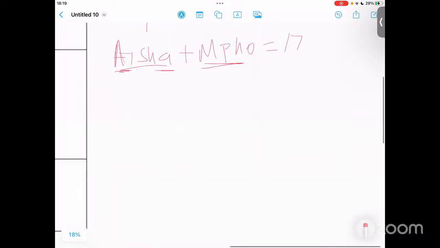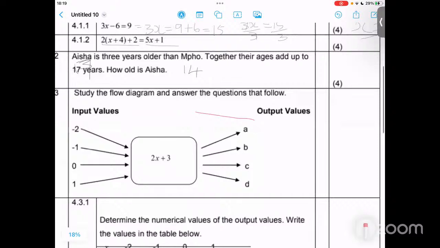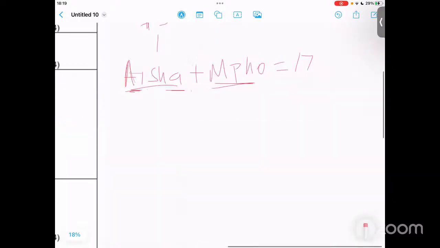Did they say they are siblings? We'll just assume they're siblings. So both of them have x ages. They're x years old. We don't know how old they are, but we just know that their ages, when added together, equate to 17, right?